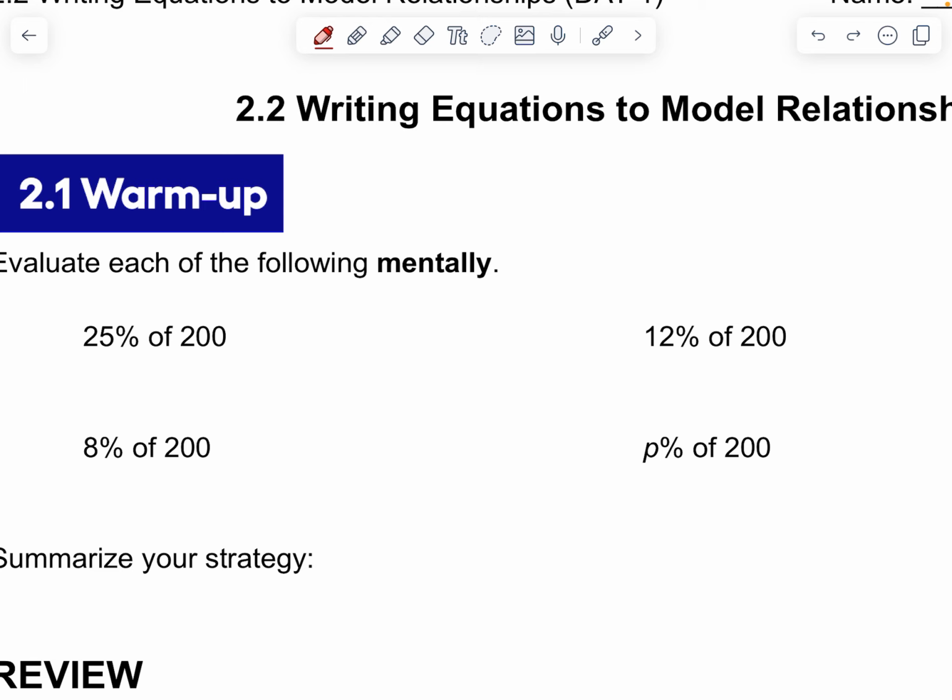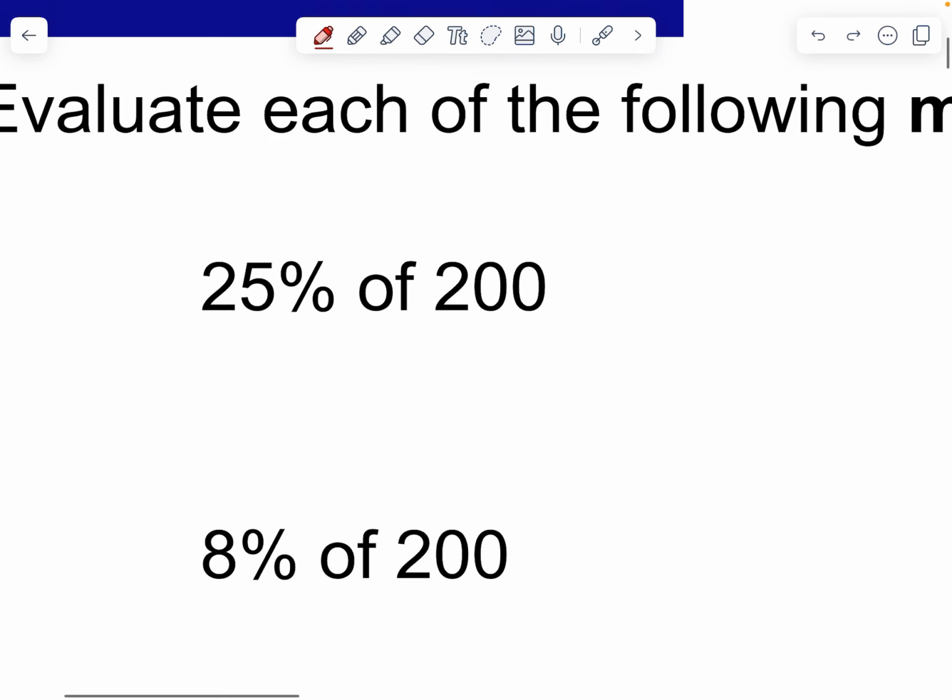Okay, so if you've done that, hopefully you have a good idea of how to do this, but if not, I'm just going to talk to you about one strategy that might have been employed. You may have chosen a different one, and that is okay. But when I look at percentages of a number like 200, I try to make it a little bit simpler by using some numbers that make more sense to me. So for instance, 200 is a multiple of 100, right?